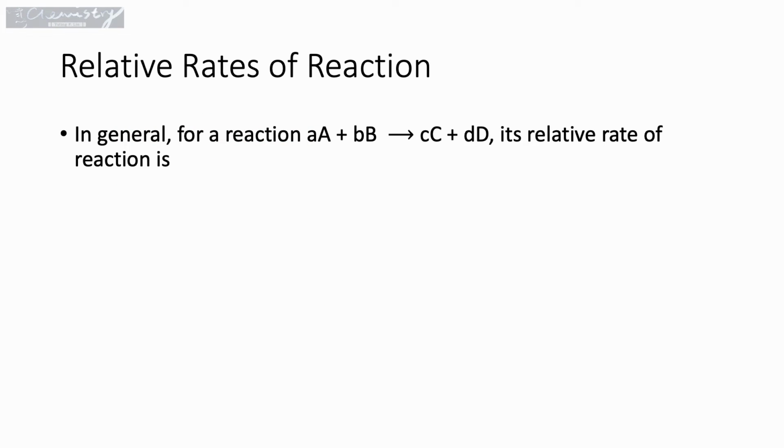So in general, if we have a reaction that is aA + bB → cC + dD, remember this little a is the coefficient, and then big A is the species. Then we can write it as, so over here, A and B are being used up, so it's going to be negative.